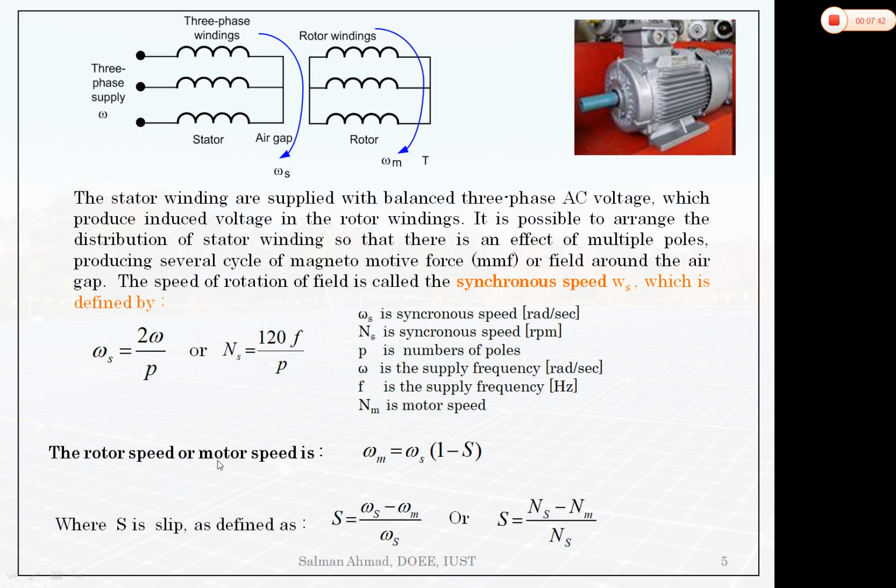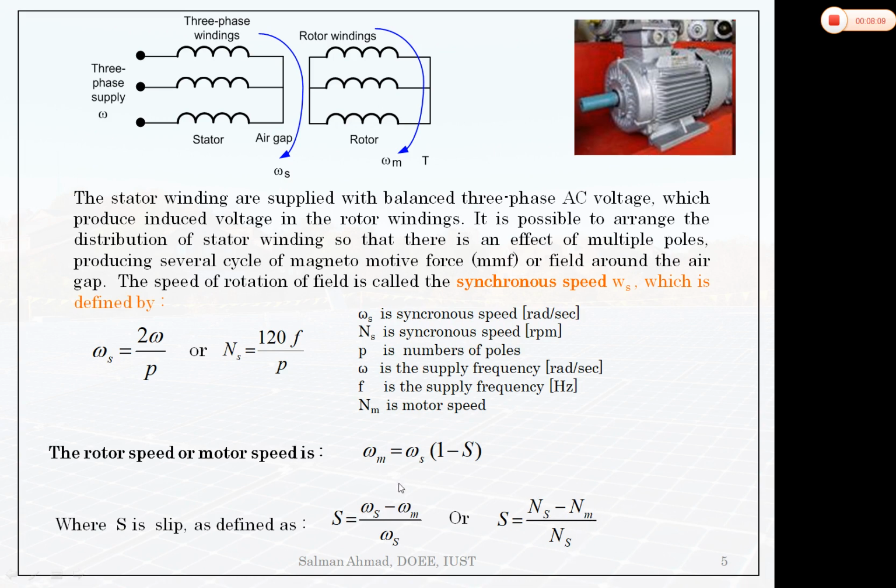Now the rotor speed or the motor speed is defined as omega m is equal to omega s times 1 minus s, where s is the slip. So slip is defined as the difference between synchronous speed and actual motor speed divided by synchronous speed. Or in revolution per minute, again this will be ns minus nm upon ns.